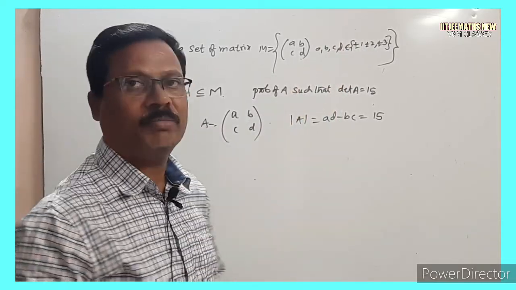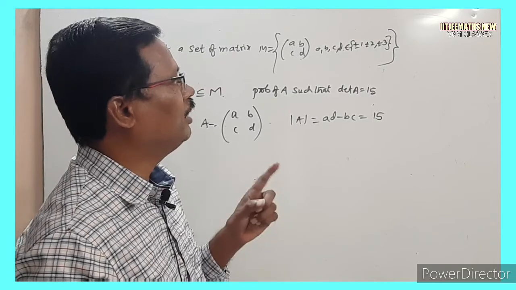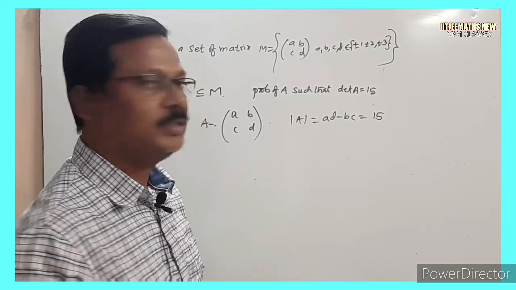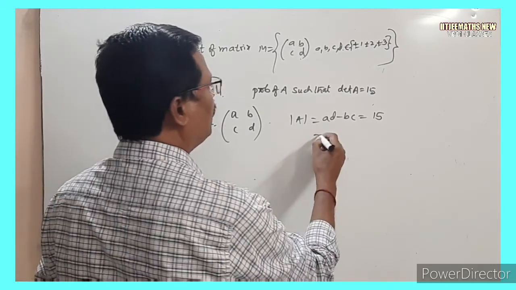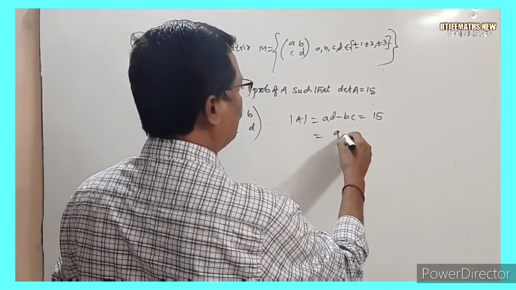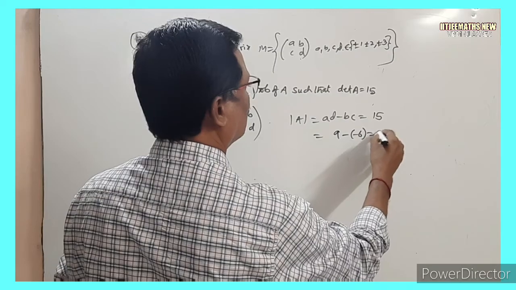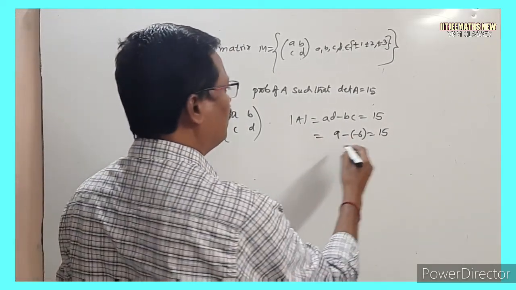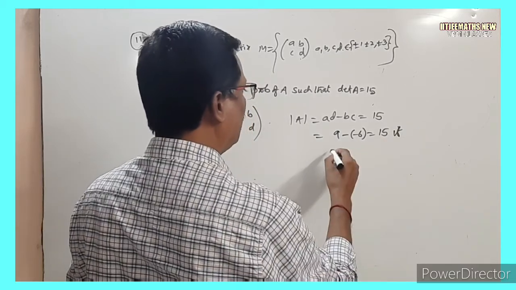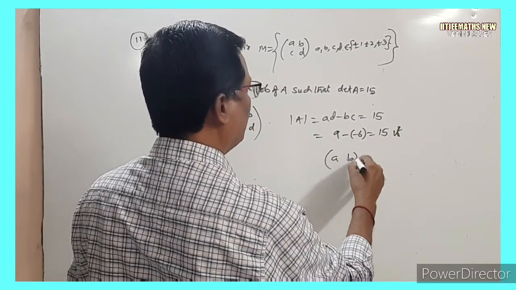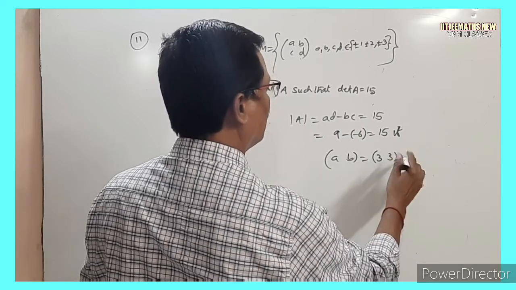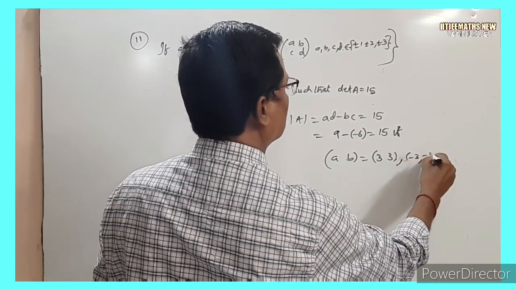That means A, B, C, D are elements that may be plus or minus 1, plus or minus 2, or plus or minus 3. Now suppose this is 9 and this is minus 6, so the total determinant is 15. Then what are the possibilities? A and D may be 3 comma 3 or minus 3 comma minus 3, two ways.